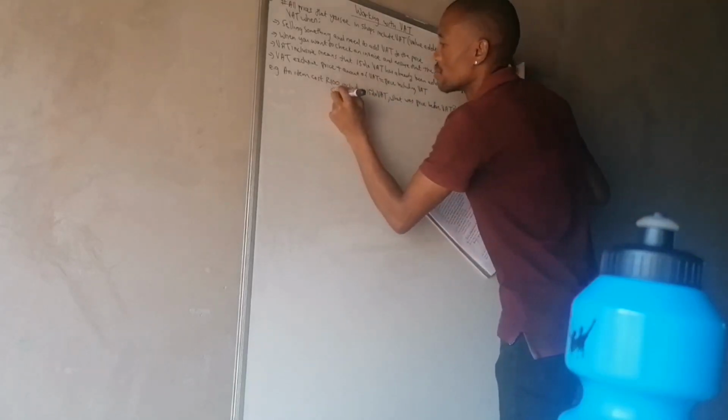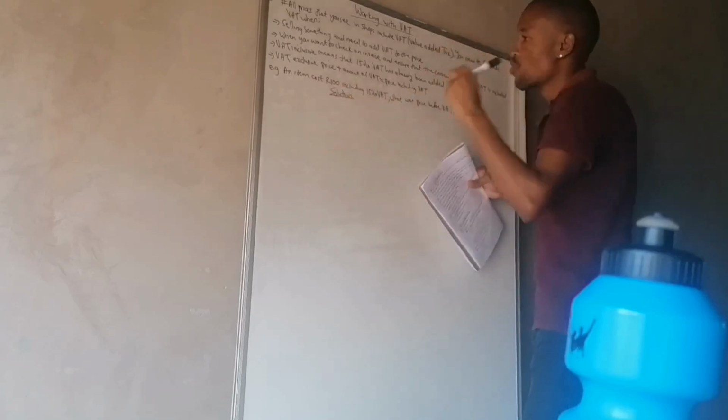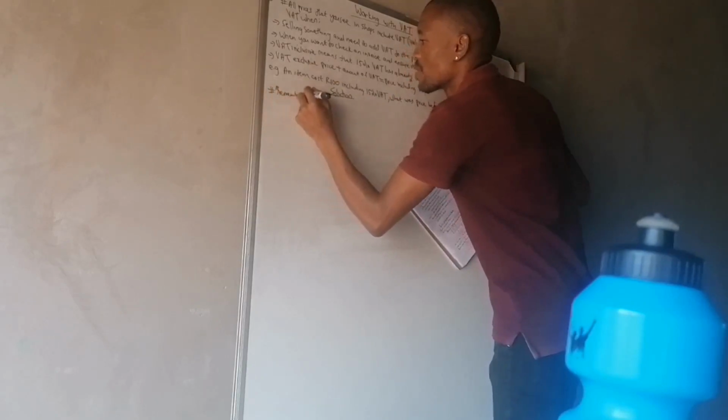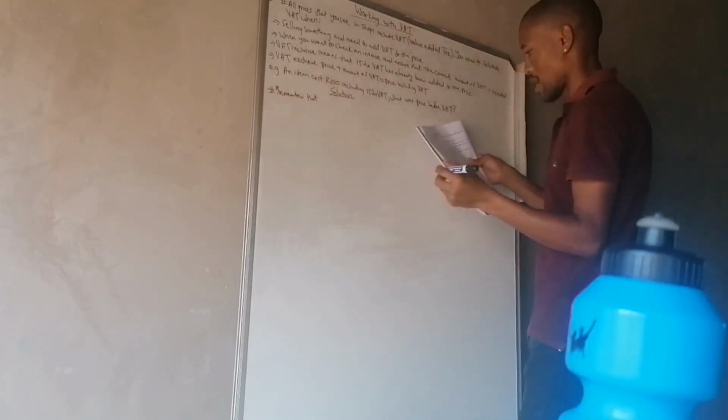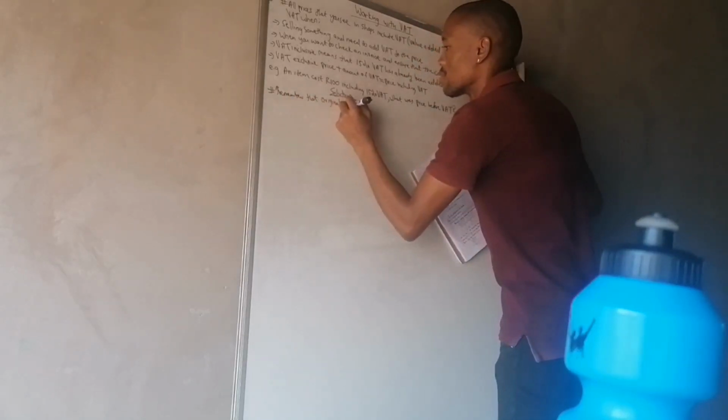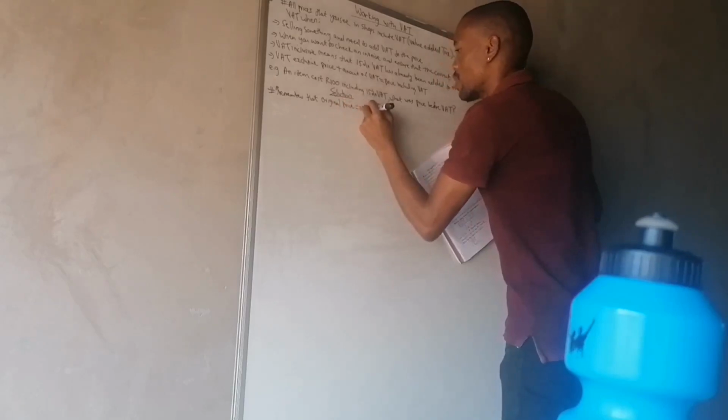An item costs 100 rand including 15% VAT. What was the price before VAT? You must remember that the original price is equal to 100%. This is the original price.